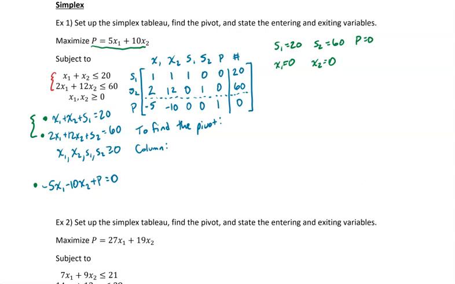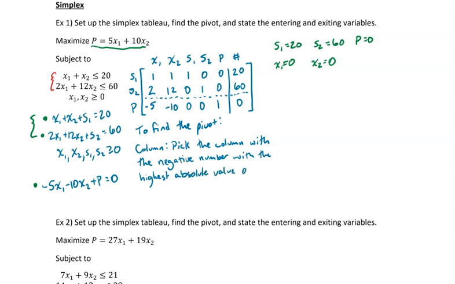Pick the column with the negative number with the highest absolute value on the bottom row.